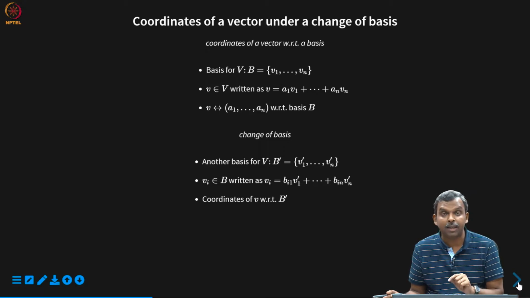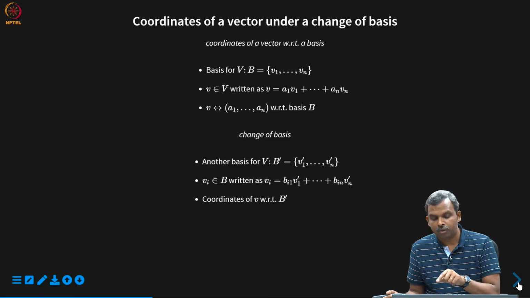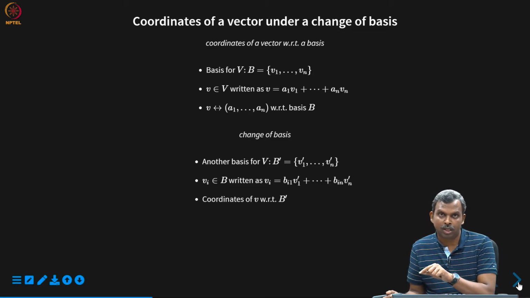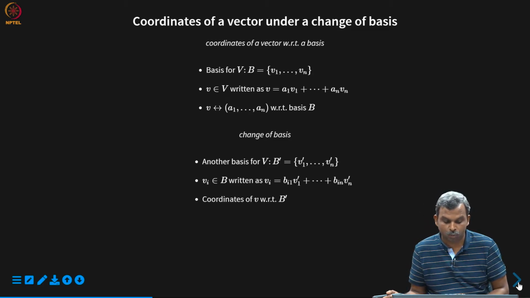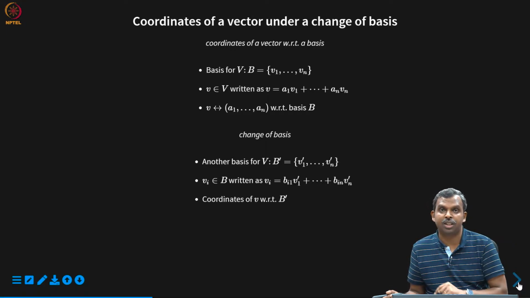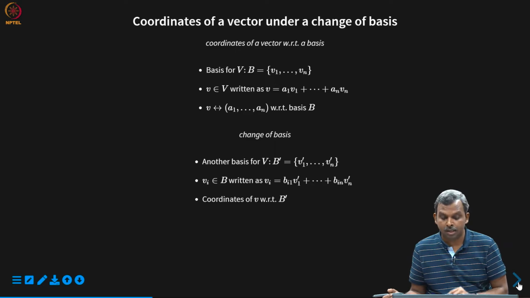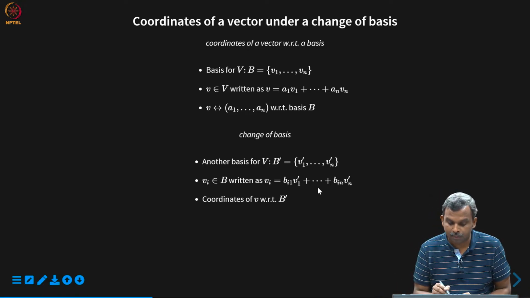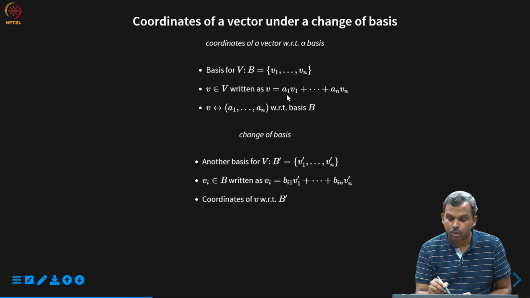You write Vi is Bi1 V1 prime, and so on till Bin Vn prime. So I have these coordinates for Vi in terms of the V primes. Once you have that and you have V written as a linear combination of V1, V2 to Vn, you can plug it in and infer the coordinates of V in the new basis. So that's what we'll do. We'll take these Vi's and plug them into the formula here.